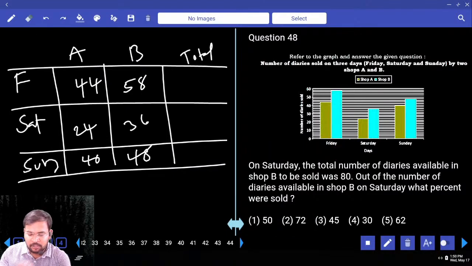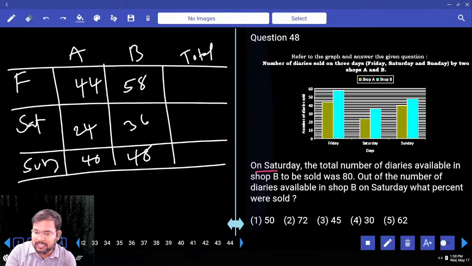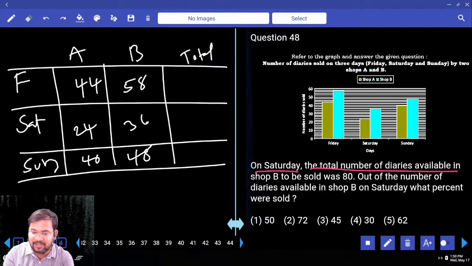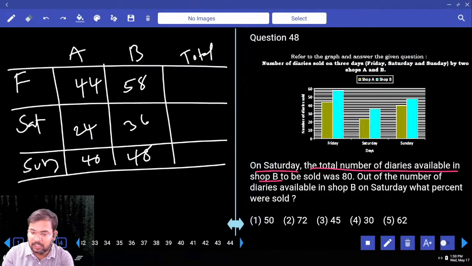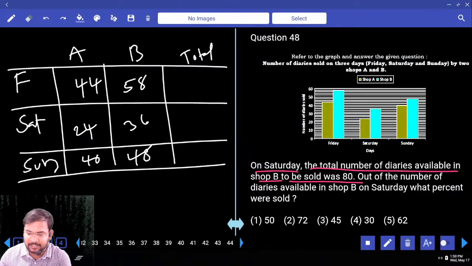Next question. On Saturday, the total number of diaries available in shop B to be sold was 80.